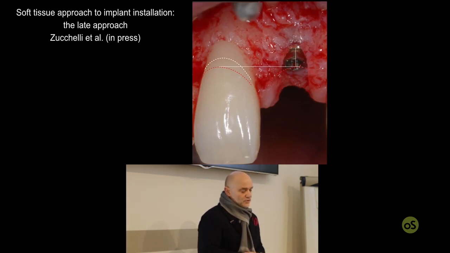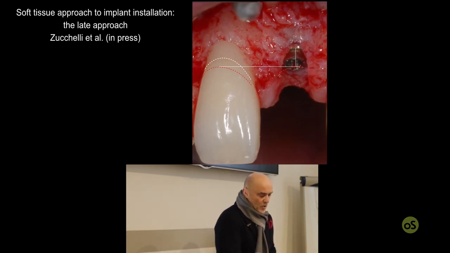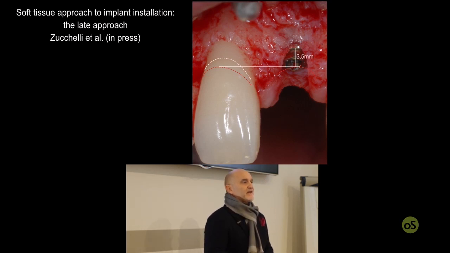So in this approach, we want to apply in the 3.5 millimeters area a connective tissue graft.